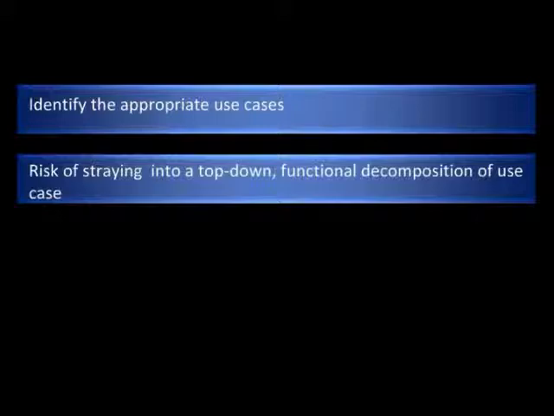The main problem with use cases, in general, is the risk of straying into a top-down, functional decomposition and away from the object-oriented viewpoint that is embedded within the UML. It is easy to decompose each use case into smaller use cases in your search for reuse through the include stereotype.